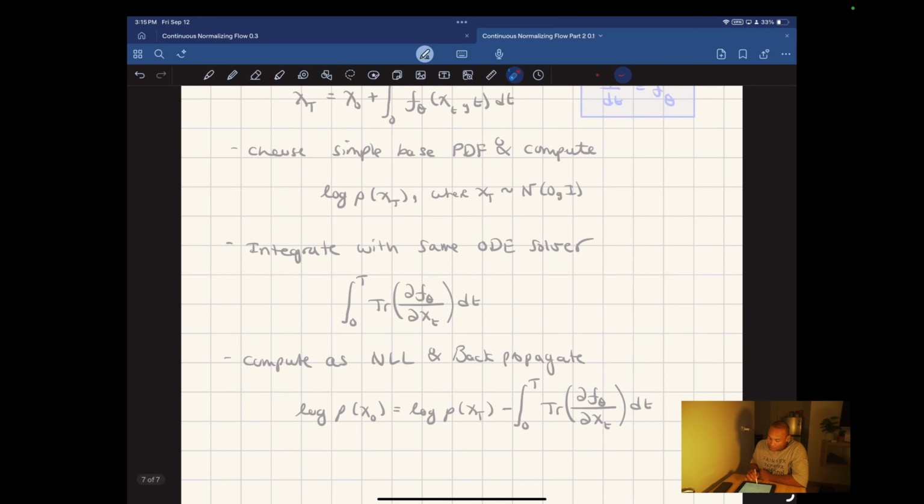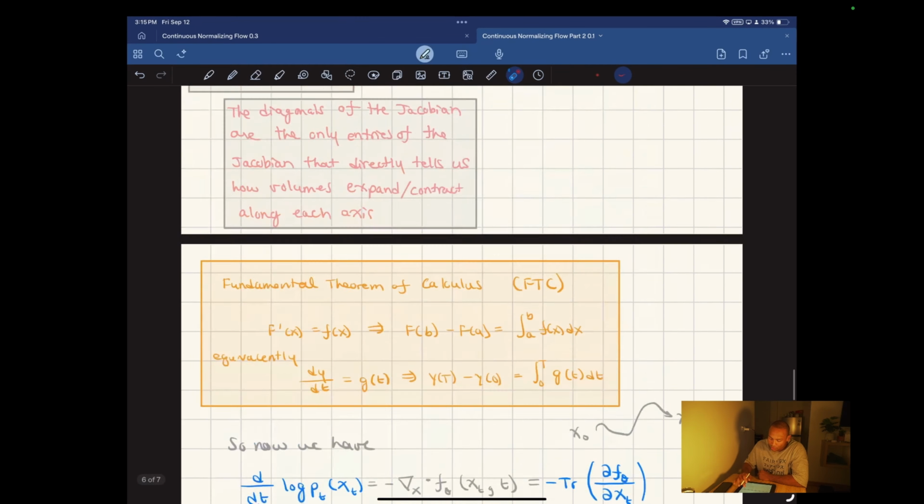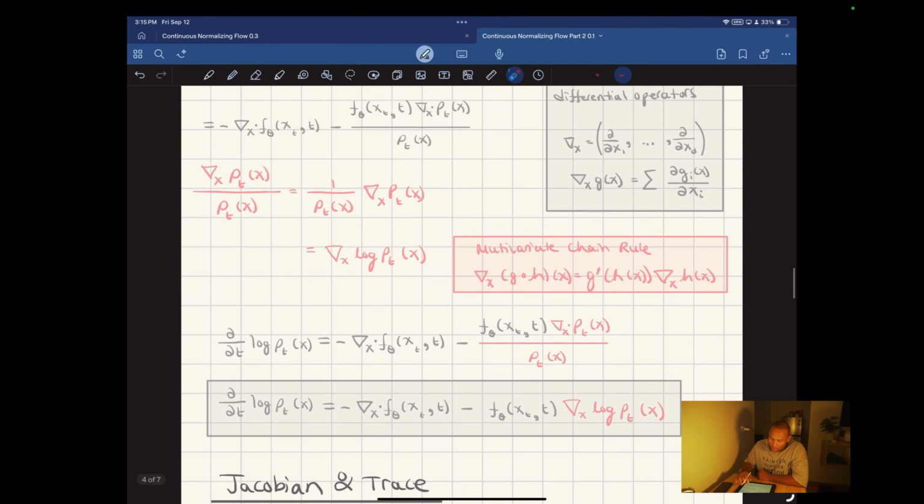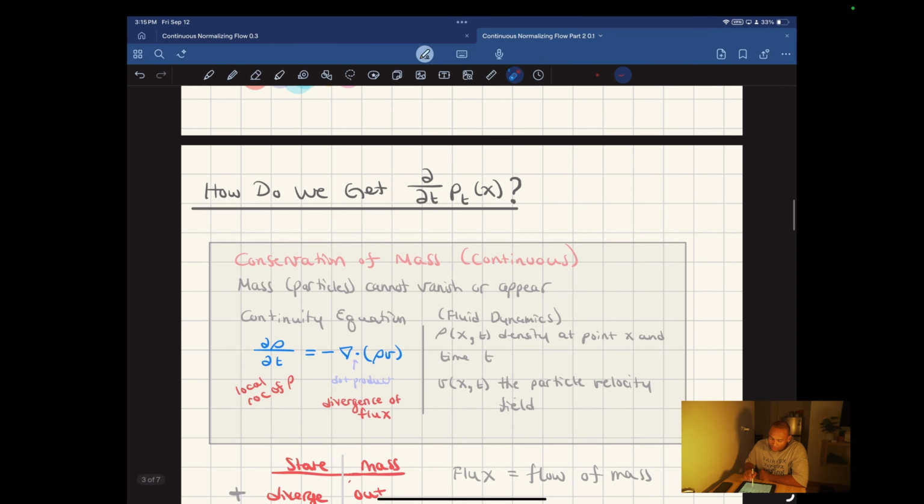So we say, okay, we have xt. Now we get some continuous measure of how our volume expands or contracts, because we know that mass cannot be created or destroyed according to our continuity equation.